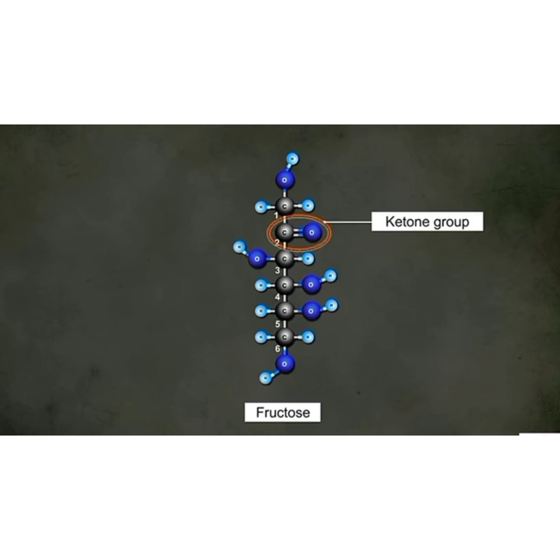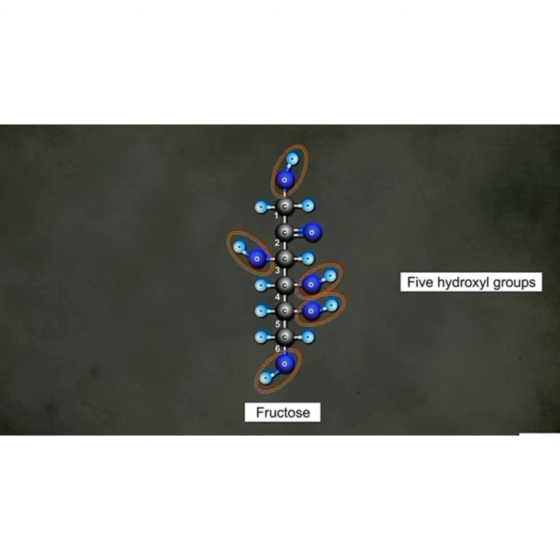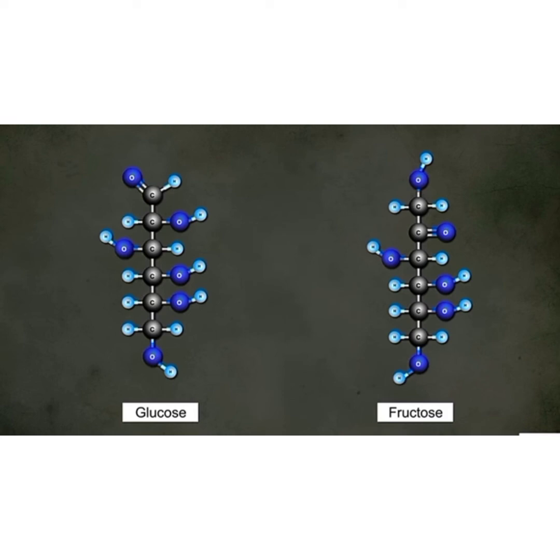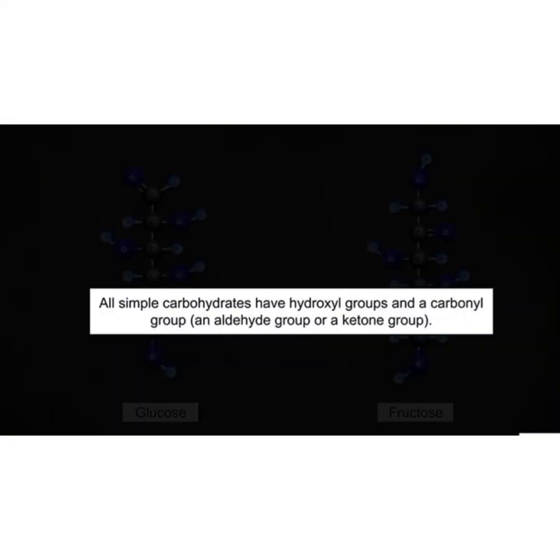It has one ketone group attached to the second carbon and 5 hydroxyl groups attached to the rest of the 5 carbon atoms. Just like glucose and fructose, all other simple carbohydrates have two types of functional groups in their molecules: the hydroxyl groups and a carbonyl group, that is an aldehyde group or a ketone group.